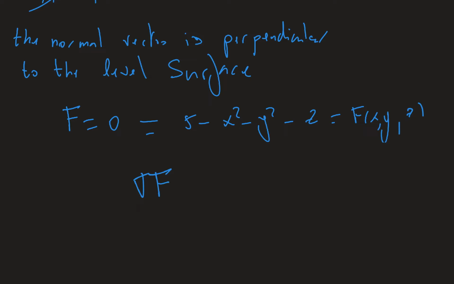The gradient of capital F is the derivative of F with respect to x. So let me think something. The normal vector goes outside, so I need to construct a different function, not this function f of x, y.